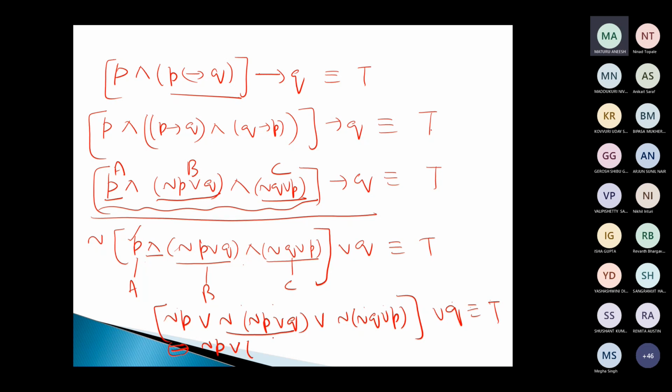This becomes, within brackets, you write P and not Q, or here again Q and not P. Close this. The whole thing is equivalent to true. This is the thing we need to prove.